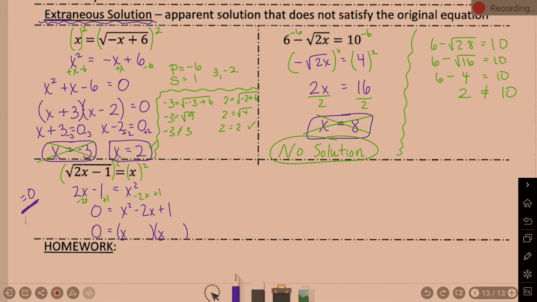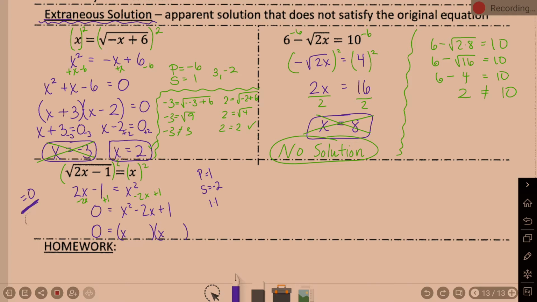What numbers? Product of 1, sum of -2. What multiplies to be 1? 1 times 1.